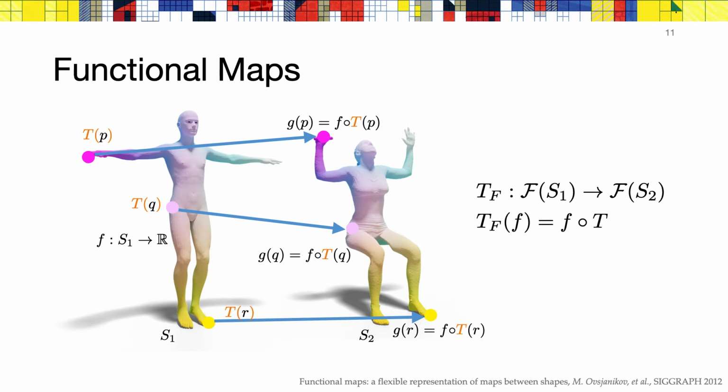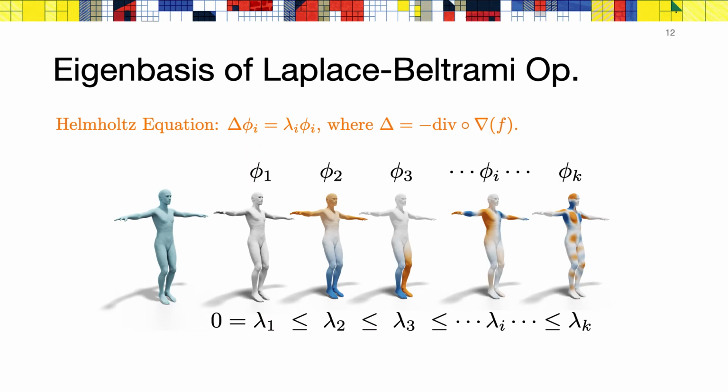In practice, we express T sub f with some function basis. One commonly used basis is the eigenbasis of the Laplace-Beltrami operator. It can be seen as a generalization of the Fourier basis from Euclidean domain to 3D surfaces.